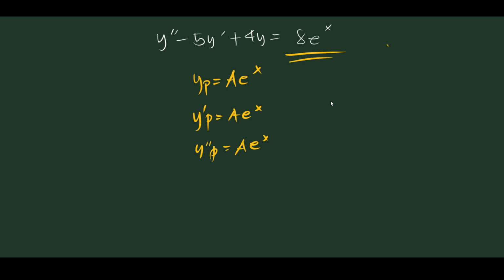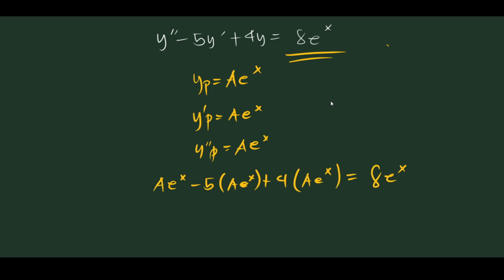So a e raised to x minus 5 times a e raised to x plus 4 times a e raised to x is equal to 8e raised to x.